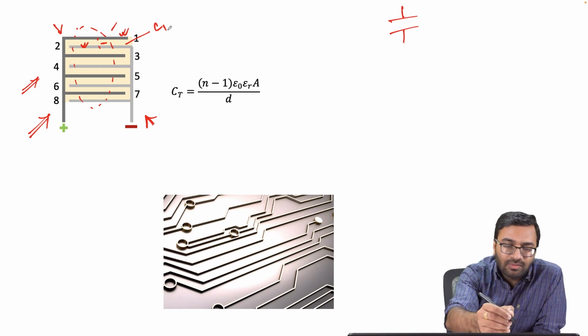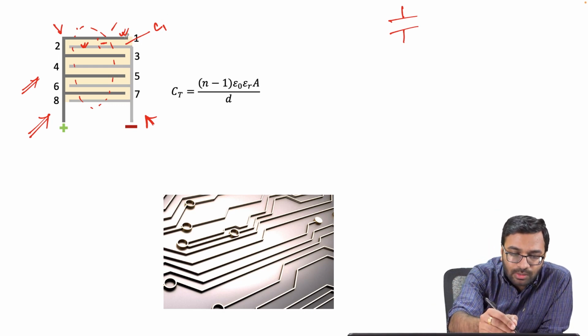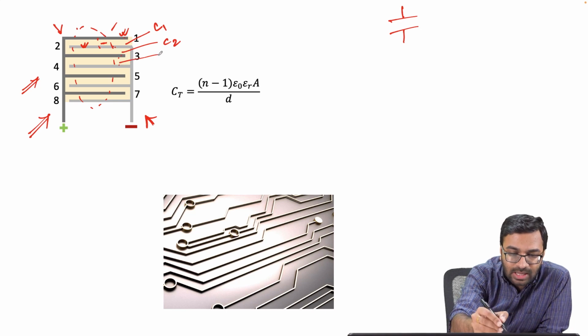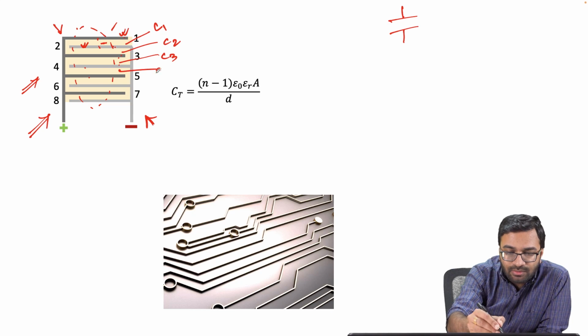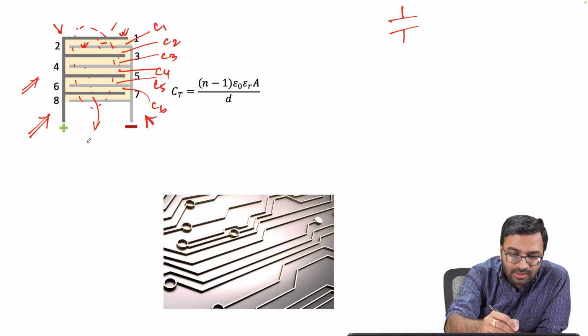So in this case, you will find there is a capacitance C1 between electrode 1 and electrode 2. Then between 2 and 3 you have C2. Then between 3 and 4 you will have C3. Between 4 and 5 you will have C4. Between 5 and 6 you will have C5. Then between 6 and 7 you will have C6, and finally between 7 and 8 you will have C7.